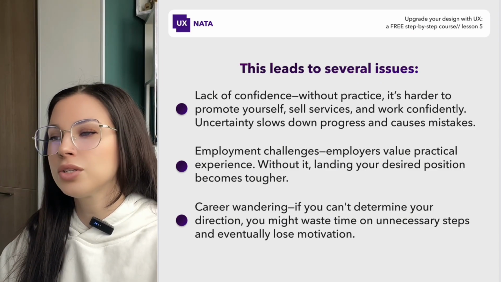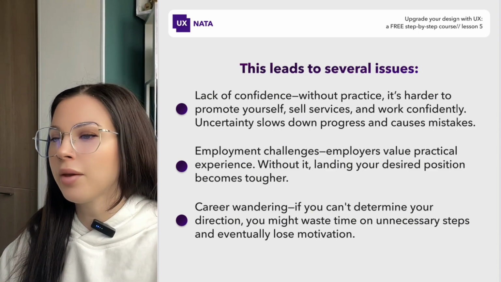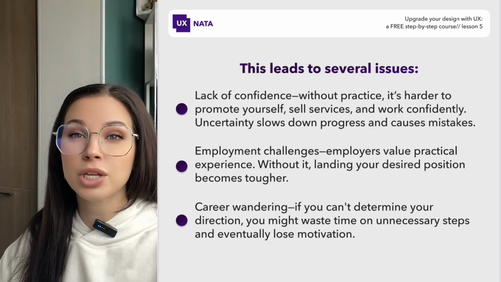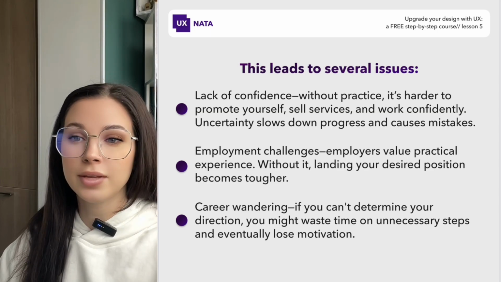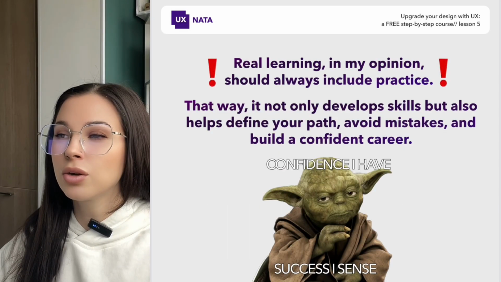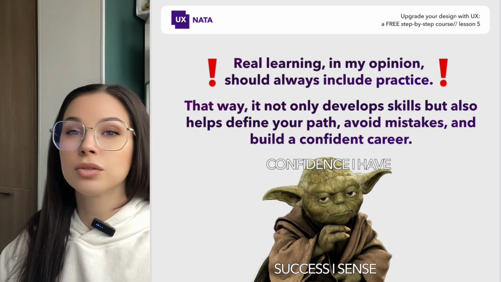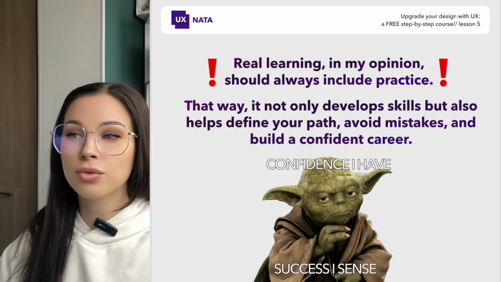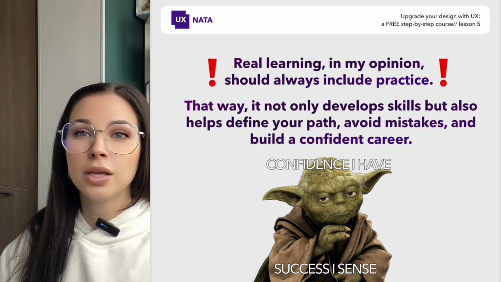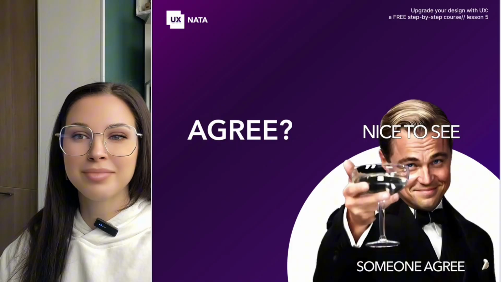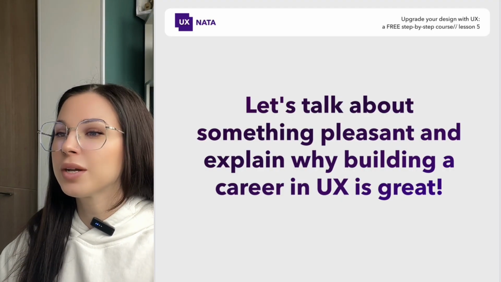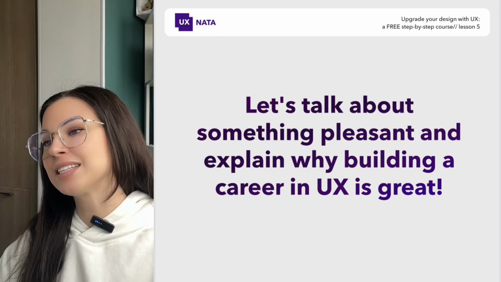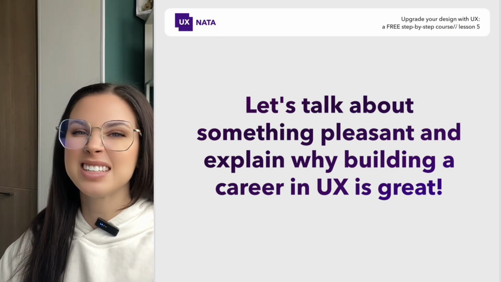If you can't determine your direction, you might waste time on unnecessary steps and then eventually lose motivation, of course. So real learning, in my opinion, should always include practice. So we will have real projects and works in our course. Maybe you agree.